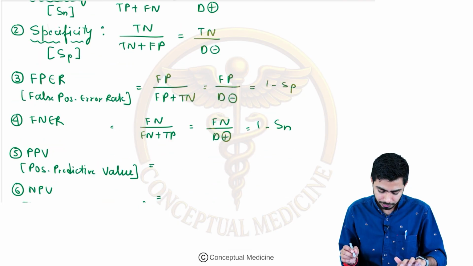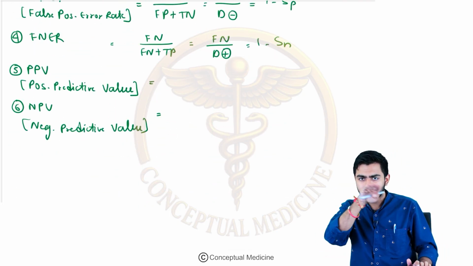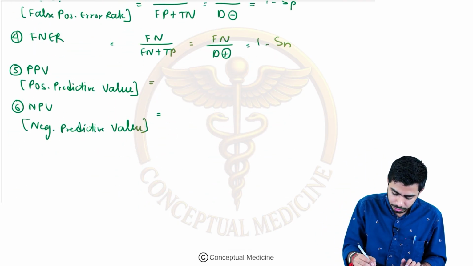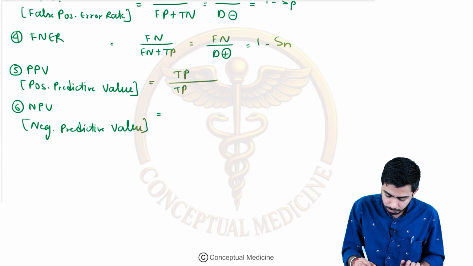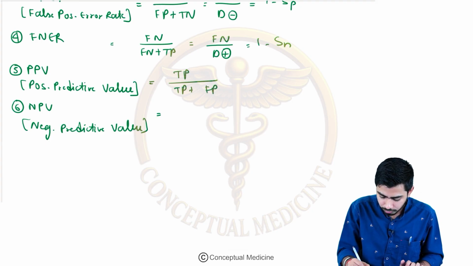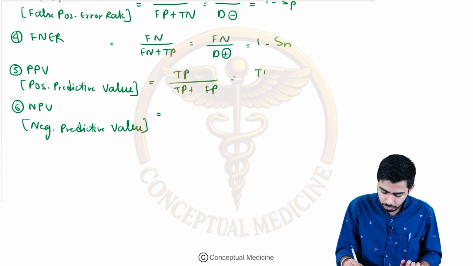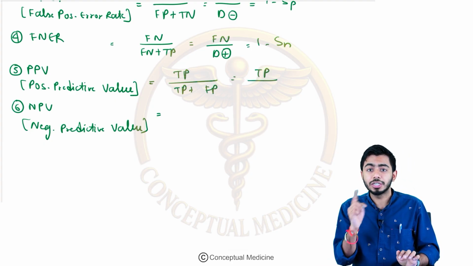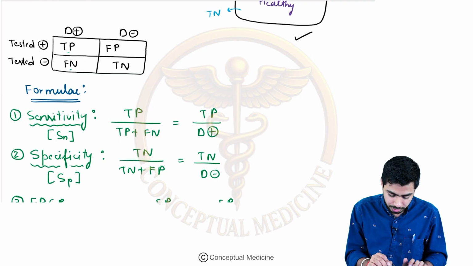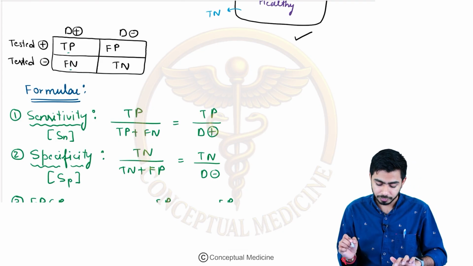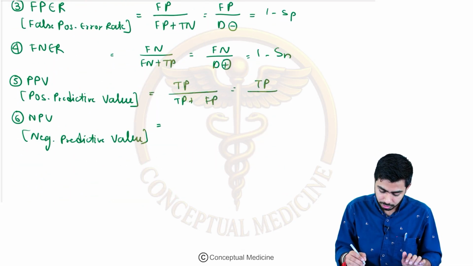Okay, so positive predictive value and negative predictive value will play with the table like this. So over here, positive predictive value is true positive divided by true positive plus false positive, that will become your true positive divided by tested positive. Because these two sum up will be called as tested positive, right?